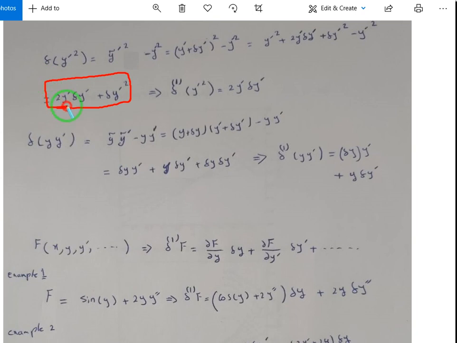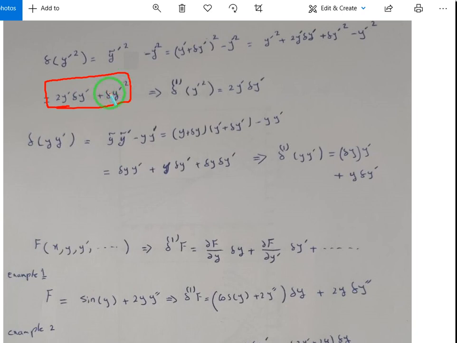As you can see here, our final result, or the amount of delta y dash by 2 can be calculated by this formula. You can see here it's equals to 2y dash multiplied by delta y dash plus delta y dash by 2.